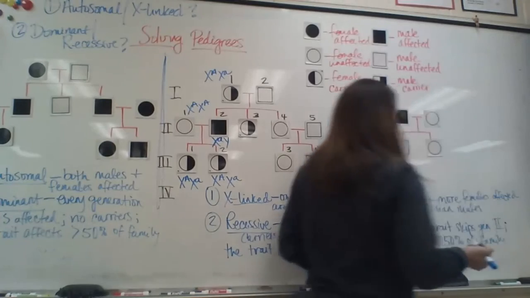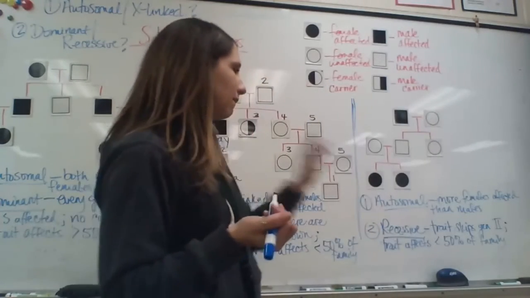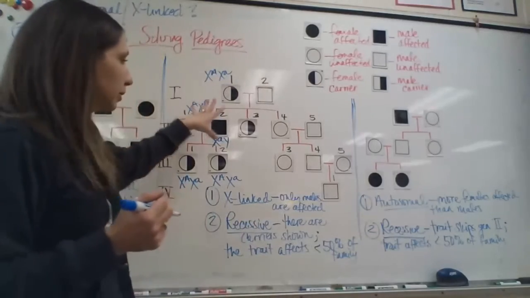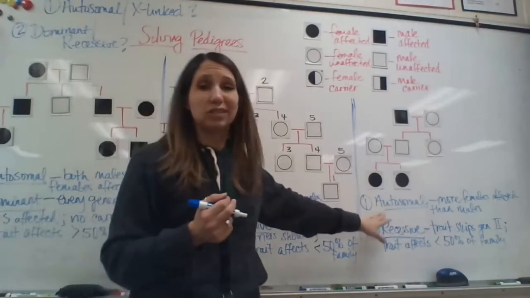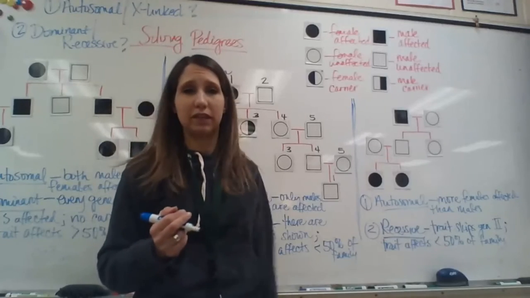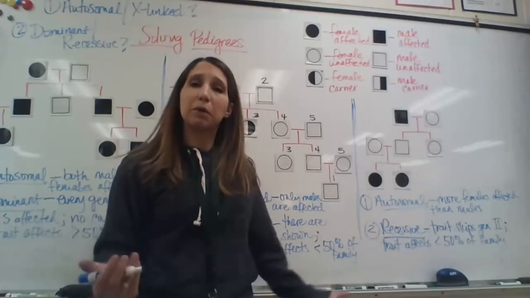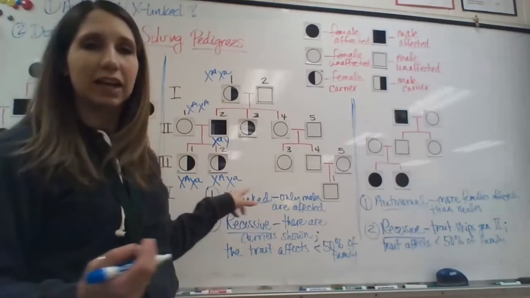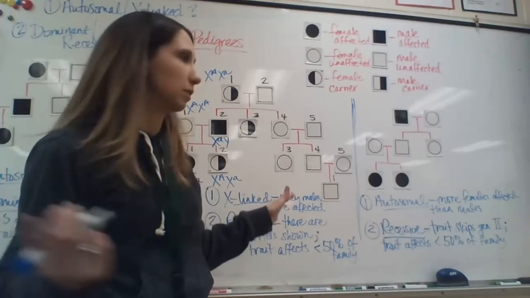All right, and then from that, what I can do is say, okay, if I know this is autosomal recessive, and I can do this for all of them, by the way. I did a little bit right here, but if I know that this is autosomal and recessive, then I can go in and figure out genotypes for almost all of these, right? So if we think about what that means, autosomal are those traits that don't include the X with them, right? Like I could just use A's to represent this to be simple.